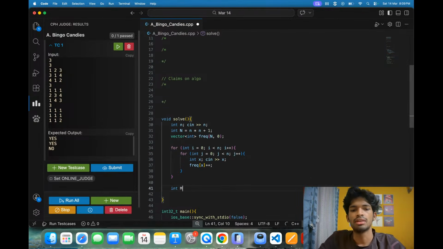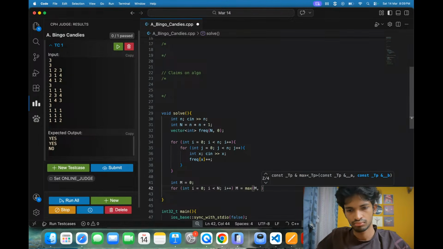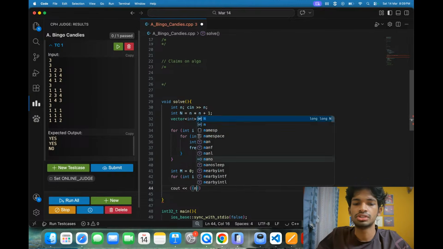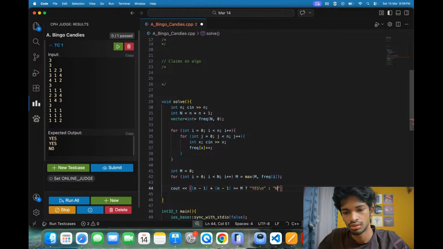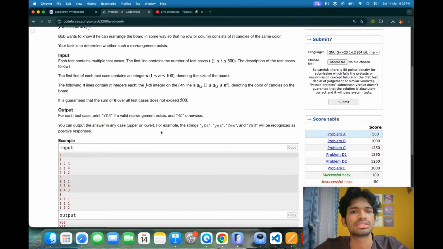Now what? We'll find the maximum, okay? Our solution is just n minus 1 times n minus 1 greater than or equal to max means yes, else no. It's likely correct.